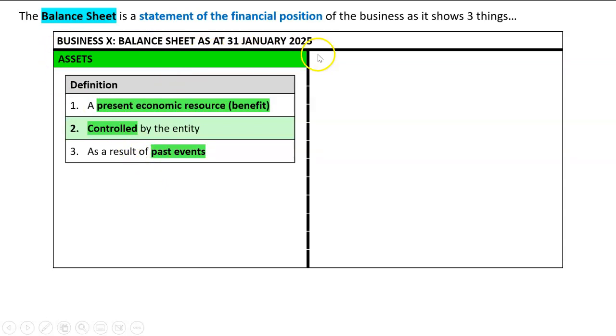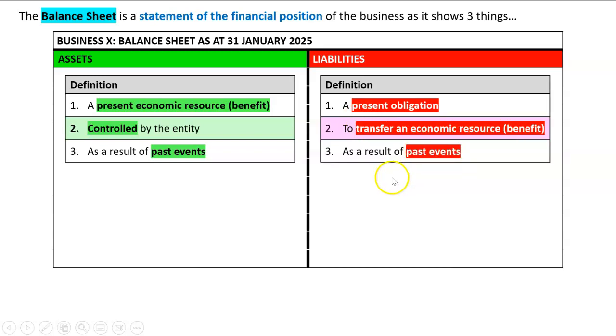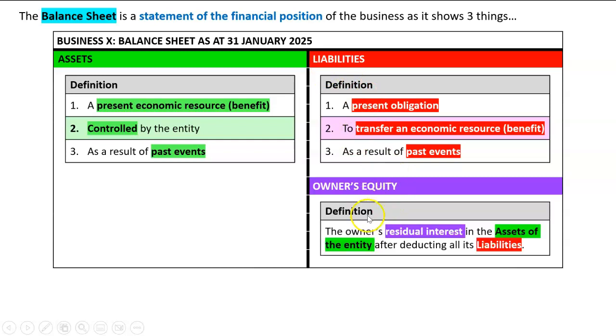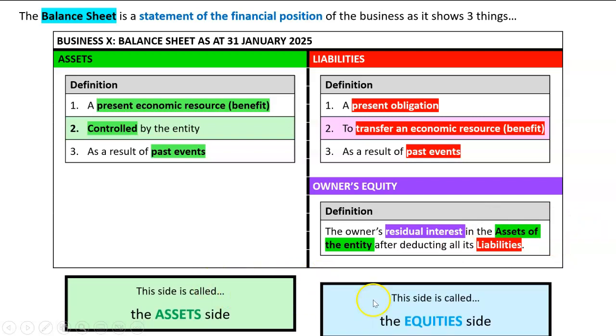On the right-hand side, we put the liabilities, which are a present obligation to transfer an economic resource or benefit as a result of past events. We also have on this side the owner's equity or capital, which is the owner's residual interest in the assets of the business after deducting all of its liabilities. So we call this side the asset side, and we call the other side the equity side.